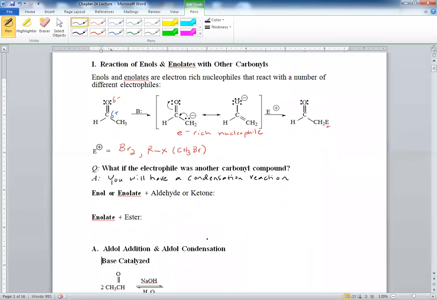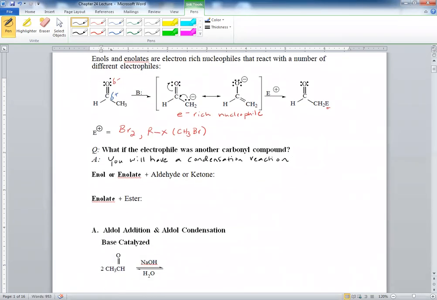Okay, so what is the name of the reaction that involves an enol or an enolate? We're going to focus mostly on enolates with an aldehyde or a ketone. There's a name for this. We call it an aldol addition or aldol condensation.